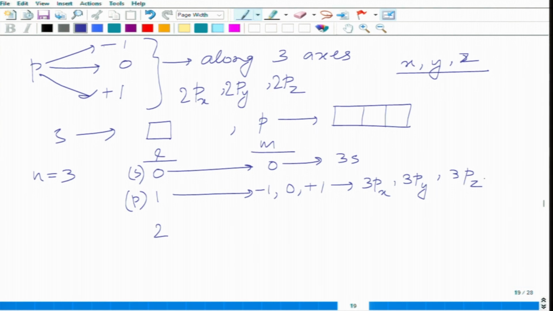This is the way of writing the names of orbitals or denoting the orbitals. Now we have discussed the p orbital. Now when n is equal to 3, we will have an extra azimuthal number, that is 2. This is called the d subshell. Now what will be the values for the d subshell?